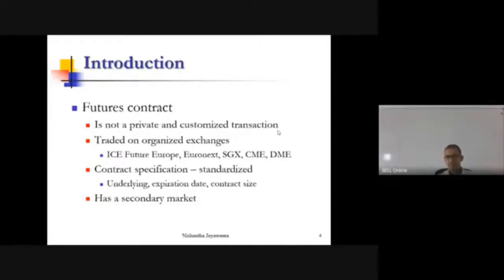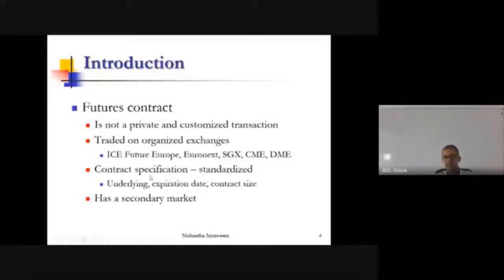In a futures contract, the amount and the settlement date are specified by the exchange. Because futures contracts are traded on organized exchanges, these exchanges define the terms of the contract. We call that contract specification. That is a standardized thing.